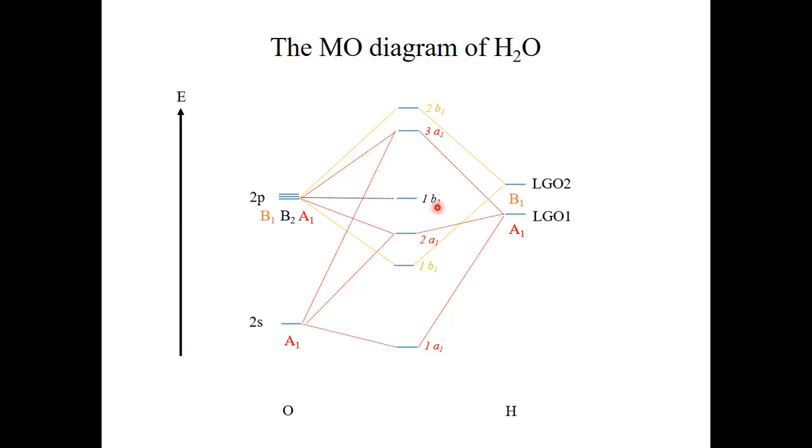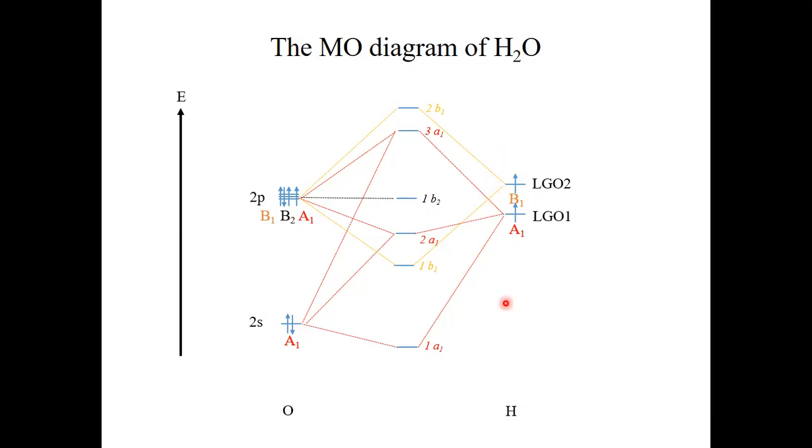So now we really need to go to the electrons. We know that the oxygen has 6 valence electrons. So 2 of them must be in the 2s and 4 of them must be in the 2p. For the hydrogens, each hydrogen atom contains 1 electron. We can write them into the LGOs as shown here.